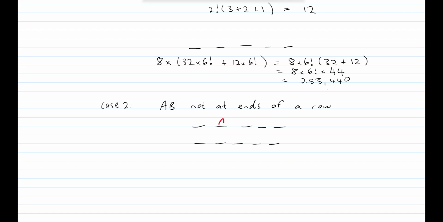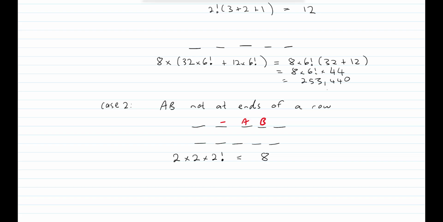So basically A and B can be in seats 2 and 3, or they could also be in seats 3 and 4. So that means there's 2 ways we can put them not at the ends in a row. We've got 2 rows, and then times our 2 factorial ways again. And then we get 8 ways that we can put A and B not at the ends of a row.